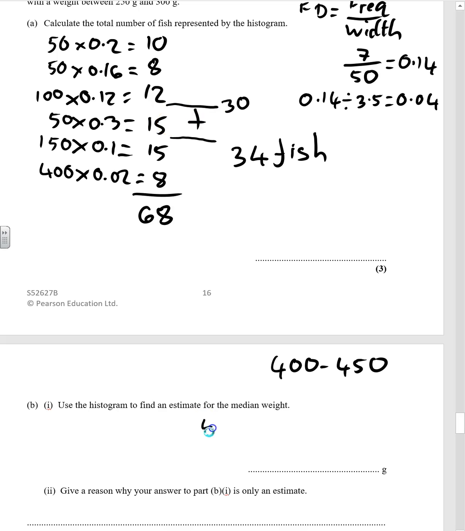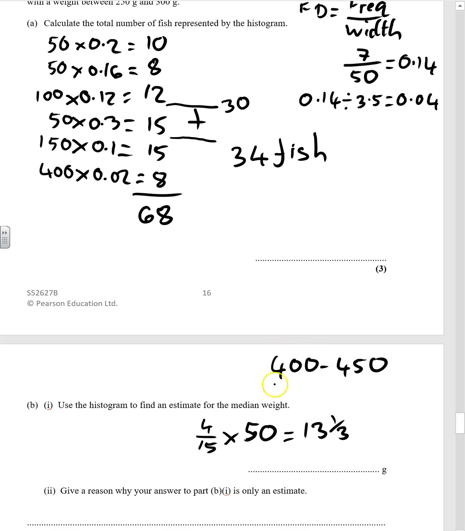So if we do 4 over 15, because that's how far into there we are, I could have 4.5 if we're going to be that accurate, and because it's 50 wide, we end up with 4/15 times 50, which is 13 1/3.